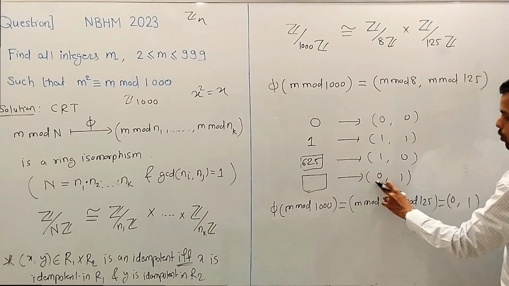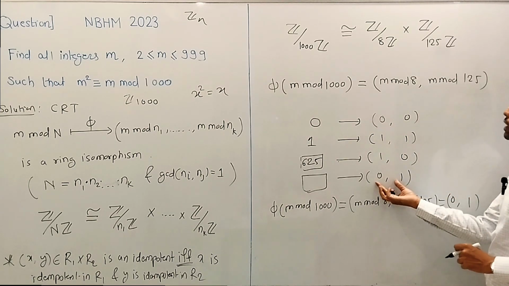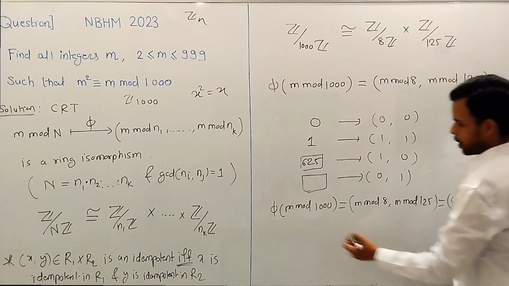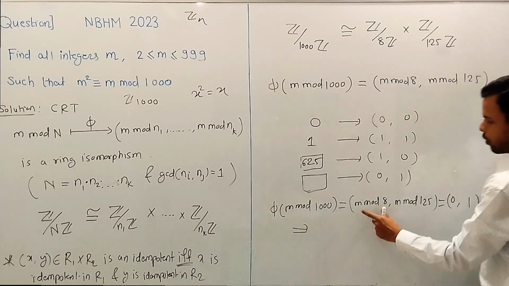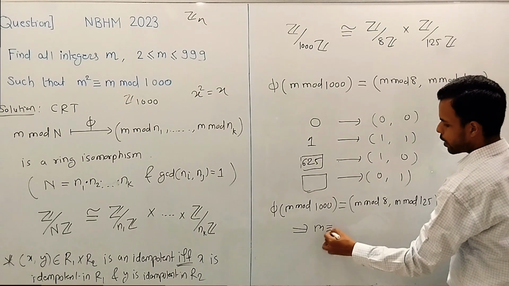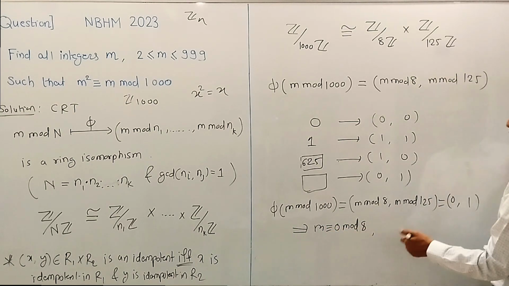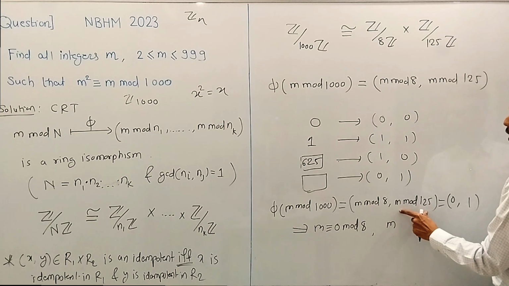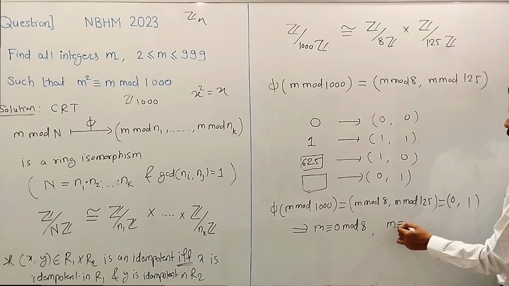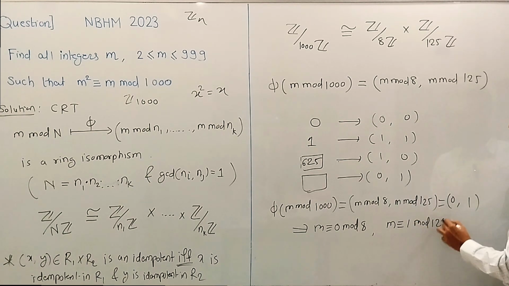This is 0 modulo 8, 1 modulo 125, because this is an element of this ring. So from here, we have m modulo 8 equals 0 modulo 8, that means m is congruent to 0 mod 8. And m modulo 125 equals 1 modulo 125, that means m is congruent to 1 mod 125.